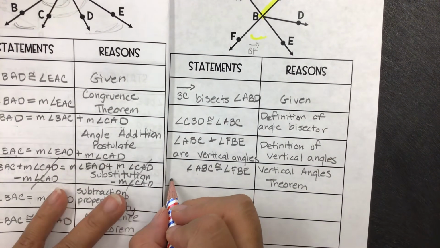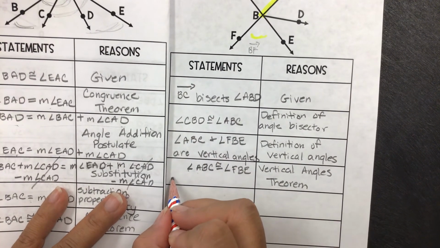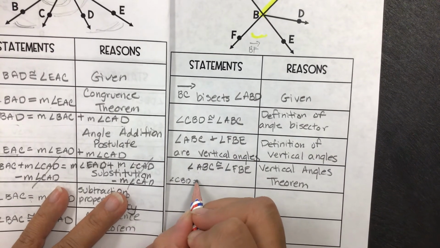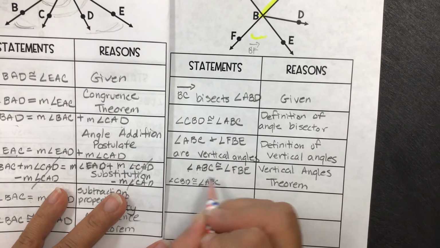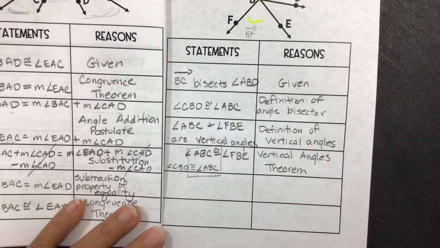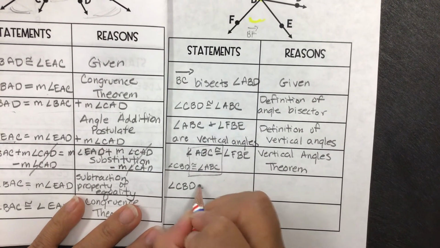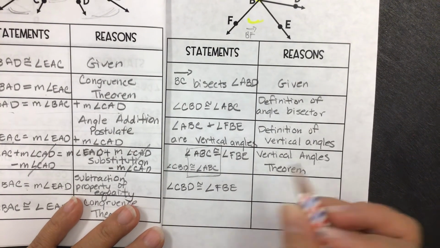I'm gonna write this one right here because it's from this up here. So I also had that angle CBD is congruent to angle ABC. So look at this part. This part repeats. That means that I can write that the angle CBD is congruent to the angle FBE.